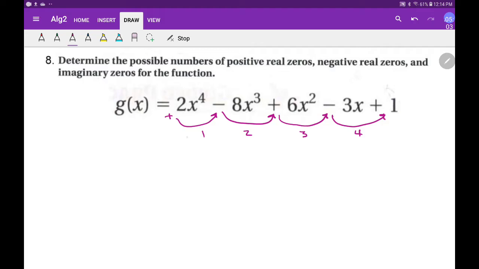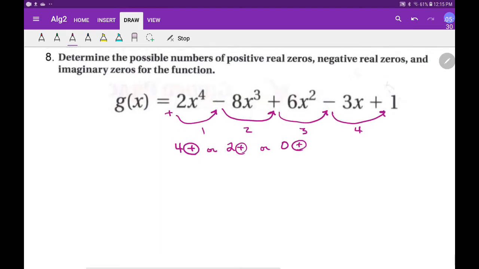Well, it looks to me like I have a possibility of 4 positive, or 2 positive, or maybe I don't get any. It's possible I get no real roots that are positive. Could be irrational. Doesn't have to be rational, you remember.